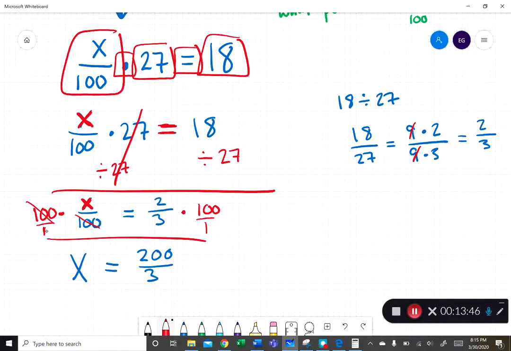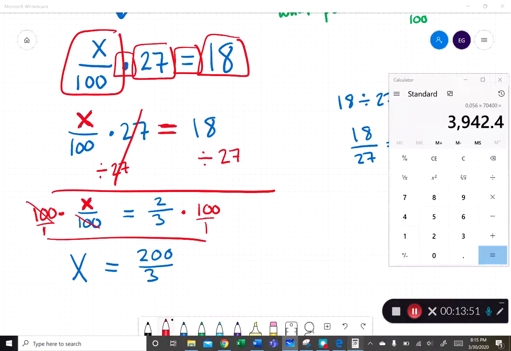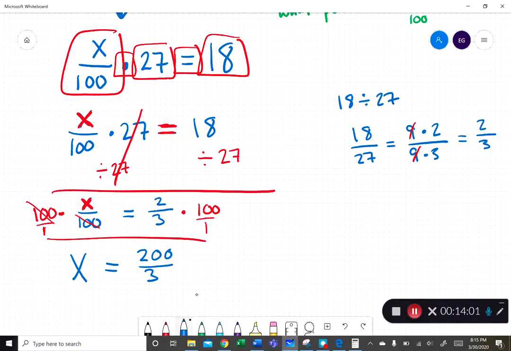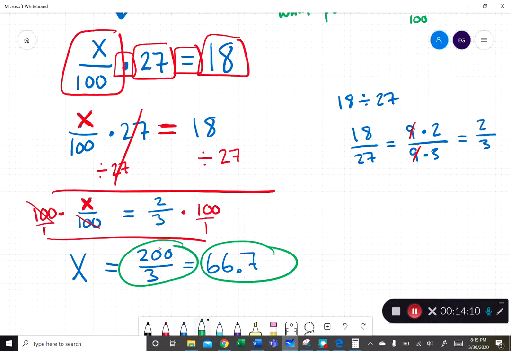All right, so x is equal to 200 over 3, or if we want to convert that to a decimal, we could come over to the calculator and say 200 divided by 3, and that's approximately equal to 66.7. So either way, we can leave it as a fraction, we can leave it as a decimal.